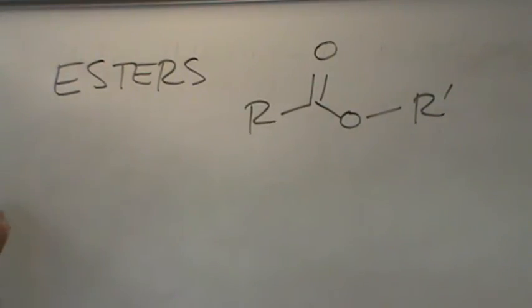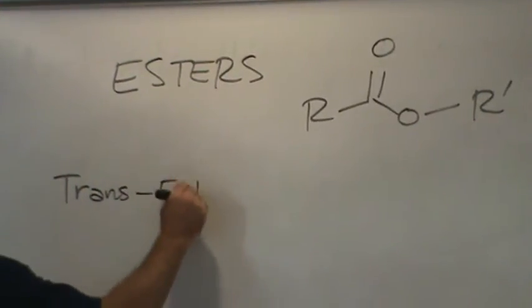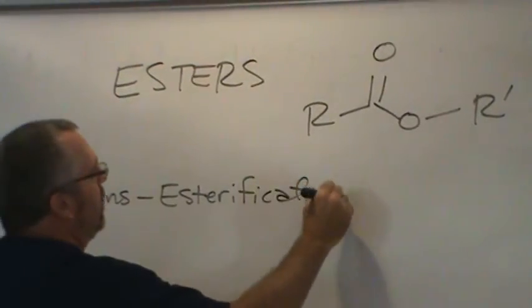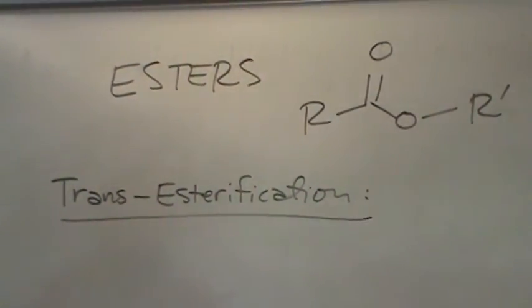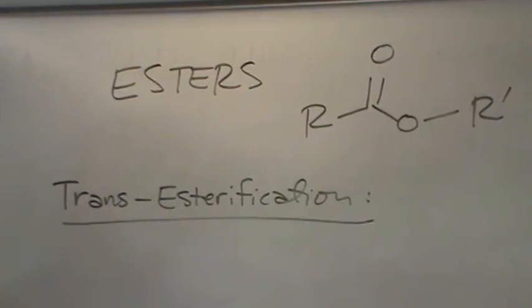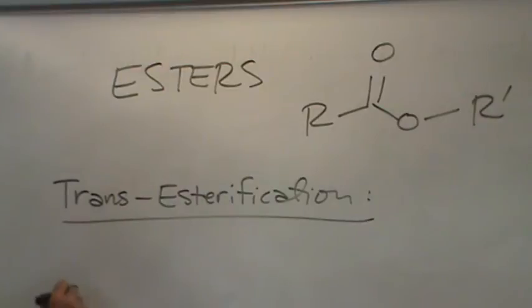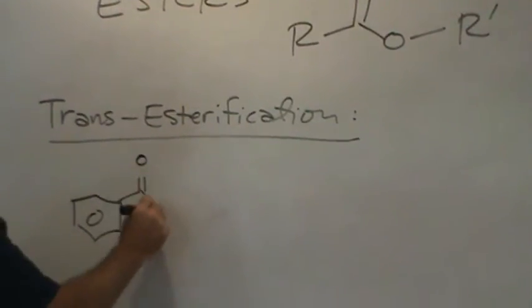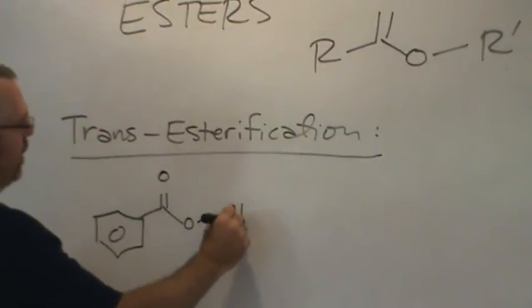So, for example, there is a reaction called a transesterification, which allows you to do just that. It allows you to tweak the structure ever so gently in order to change it and ultimately change the fragrance associated with the compound. So I'm going to start off with this particular ester.